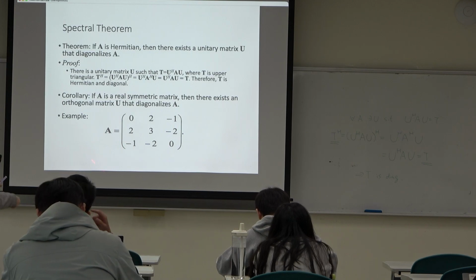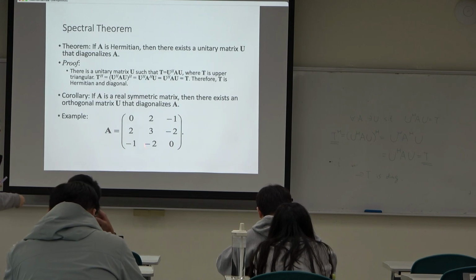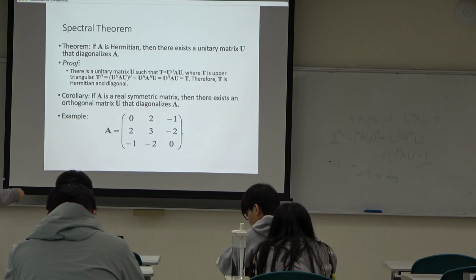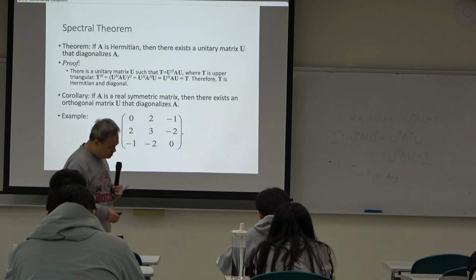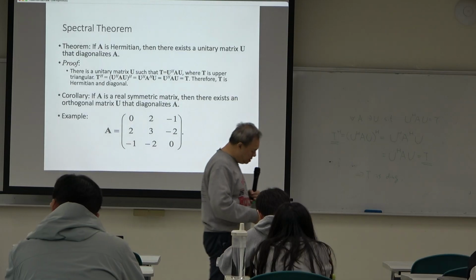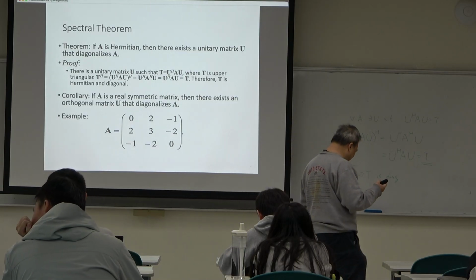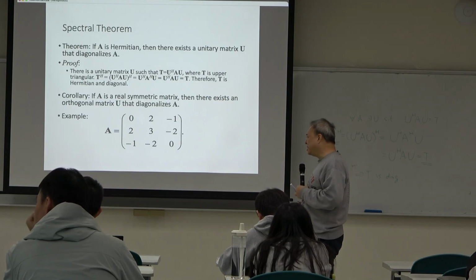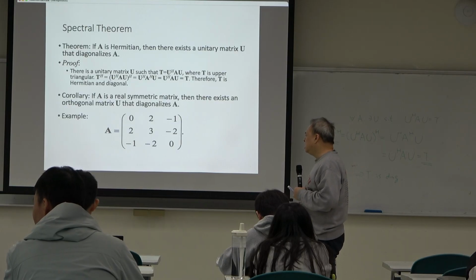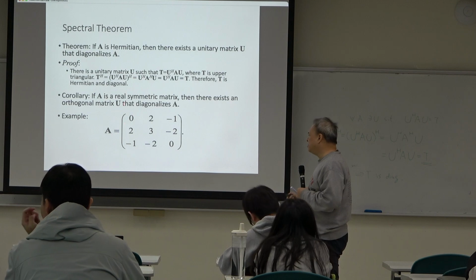Okay, let's give an example. This is an example of A. You can see that it's a symmetric matrix. You can do the calculation and find the eigenvalues and eigenvectors.